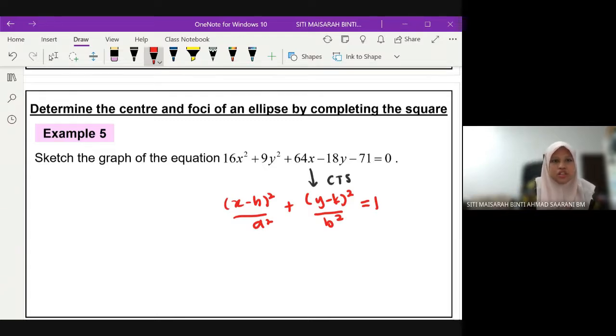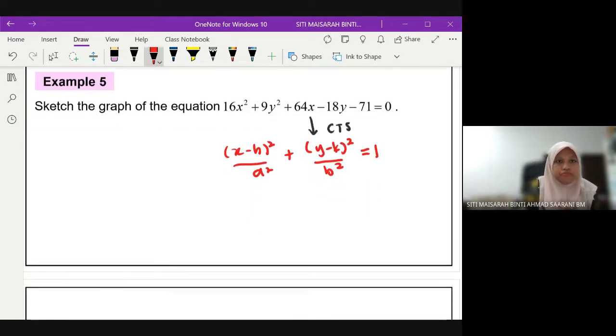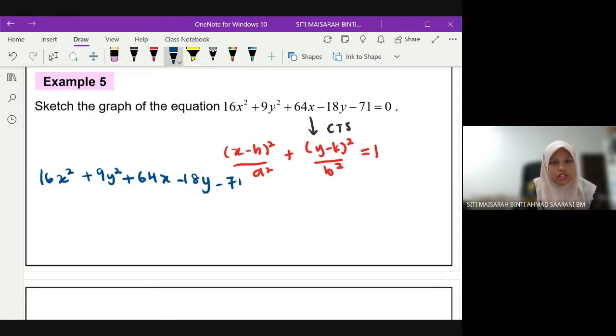Okay, first 16x square plus 9y square plus 64x minus 18y minus 71 is equal to 0. So first awak kena susun dulu dia punya komponen dia.